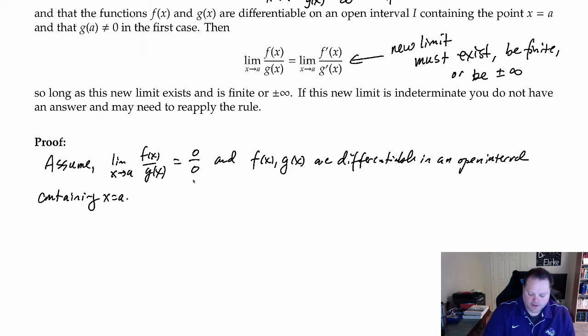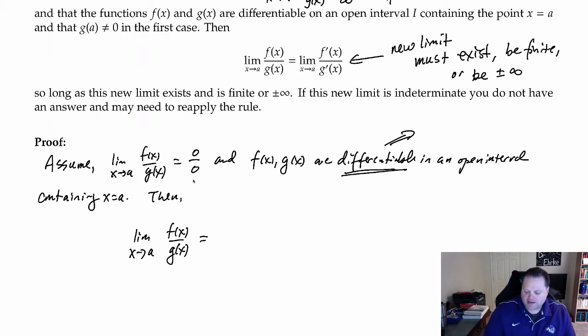All right, then what we can say is the following, and here's the crux to the whole proof. If you take the limit as x goes to a of f of x over g of x, because this is 0 over 0, the 0 on the top means that, well, I should say, because the function is differentiable, remember that automatically implies that the function is continuous.